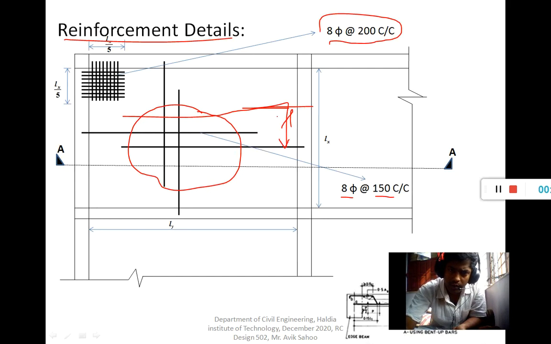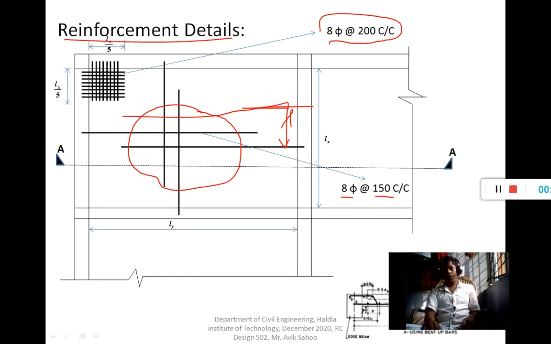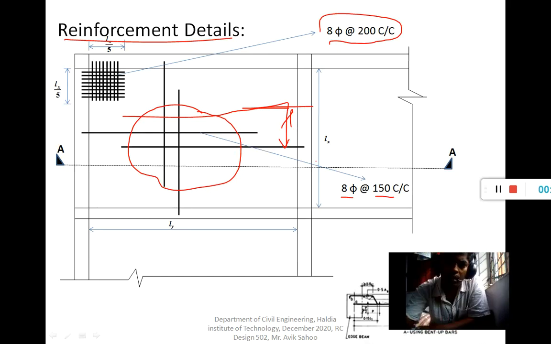Okay, although this steel is not required as per the bending moment, because at the support negative moment is developed, no positive moment, but this steel you have to use to make the connection with the beam. Otherwise the connection is not made properly, and the connection will be weaker.